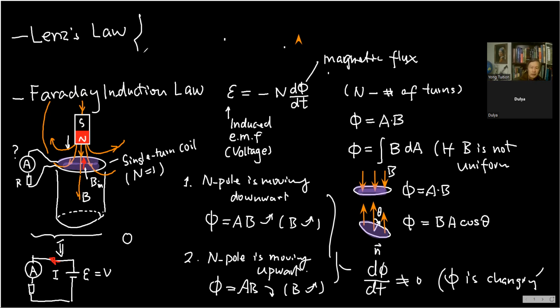So that is Lenz's law: if the flux increases, if B is increased, then the B induced field, this is called the induced magnetic field.